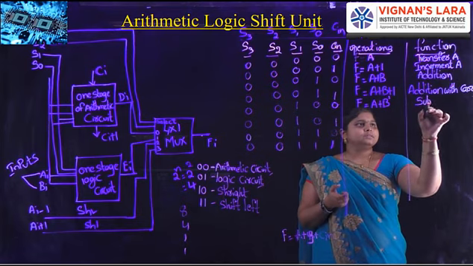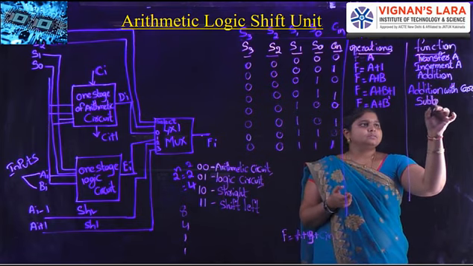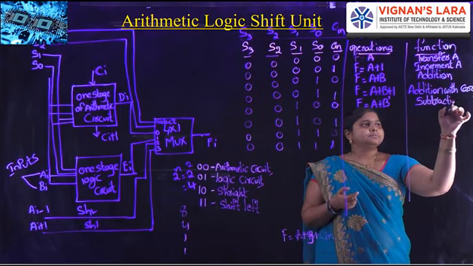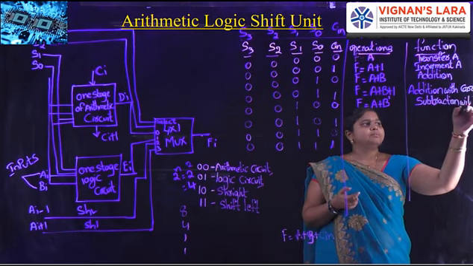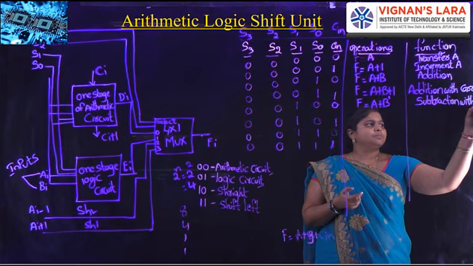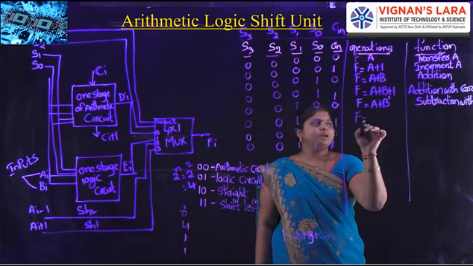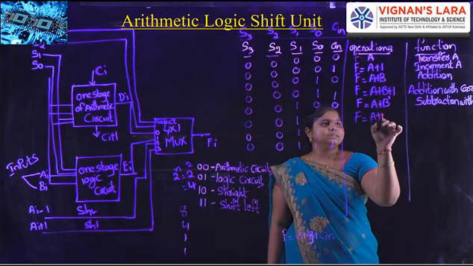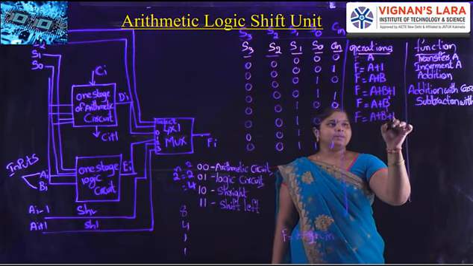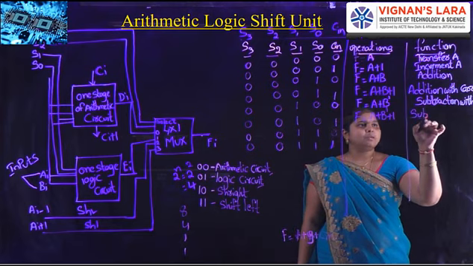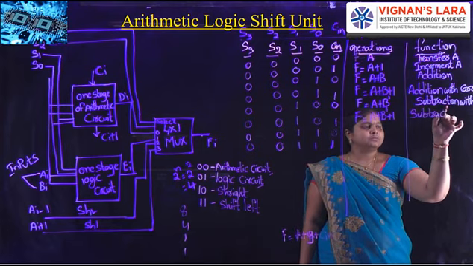Next, subtraction with borrow: F equal to A plus B bar plus 1. Here we performed the subtraction operation.